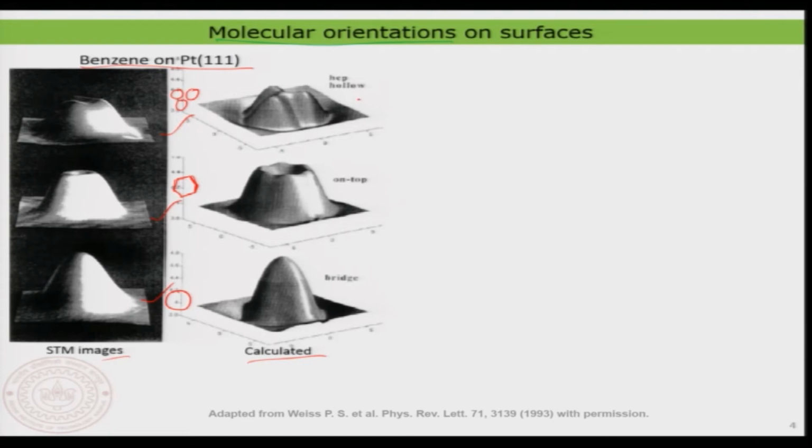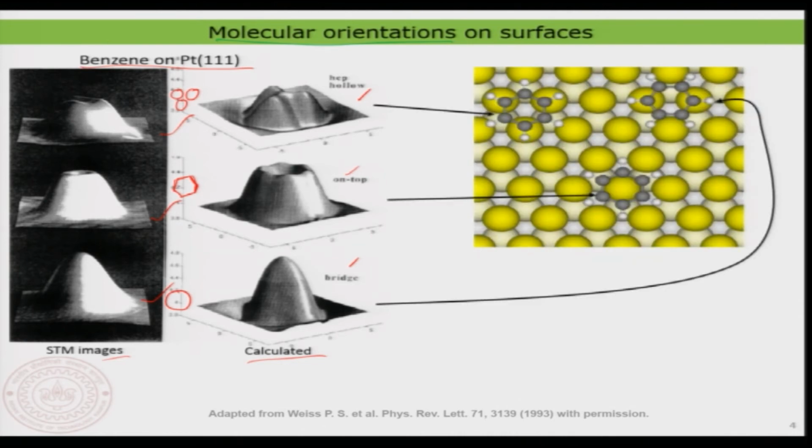Now, people have also done theoretical calculations, and they could reproduce exactly the contrast observed in the experiment only when they considered that the molecule can adsorb on the surface at different types of sites. One is known as the top site, which we have already heard about. Another is known as the bridge site, and then you also have the HCP or FCC hollow site.